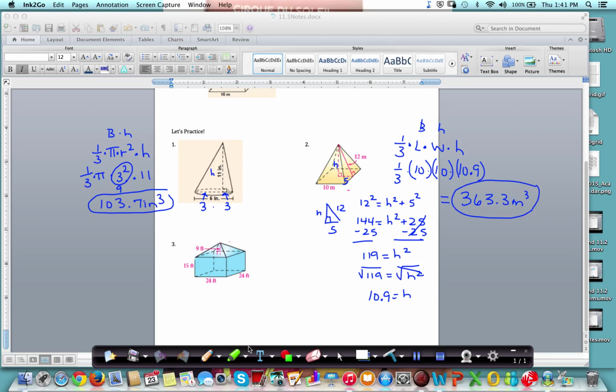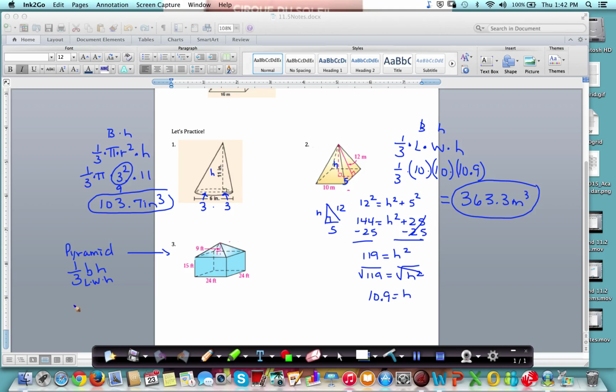And the last one is a little bit tricky because I have actually two figures here. I have the top, which is a pyramid. Okay, and the formula for that is going to be 1/3 the base times the height, and the base is length times width. So 1/3 length times width times height.